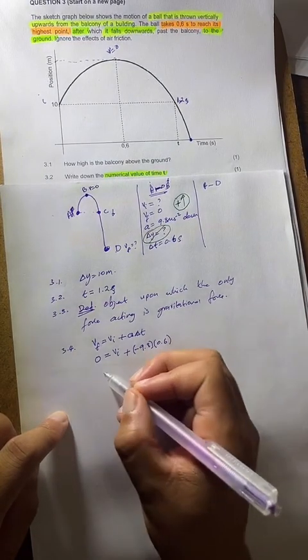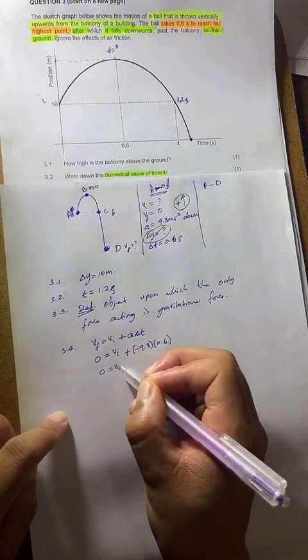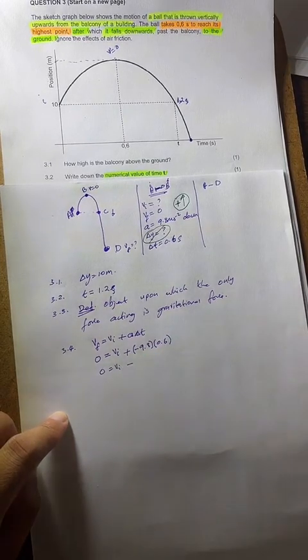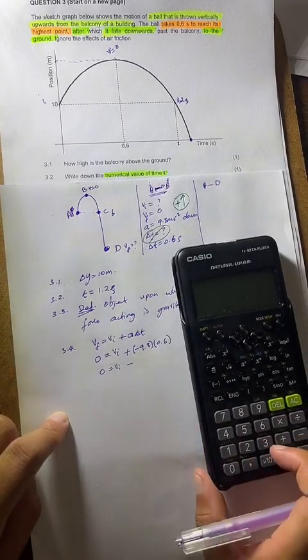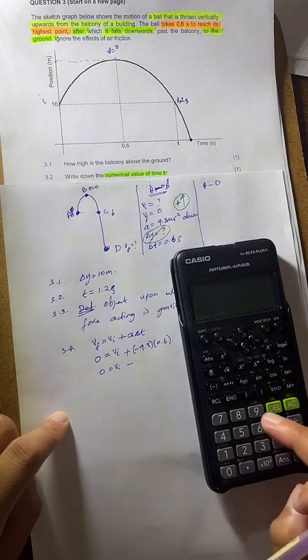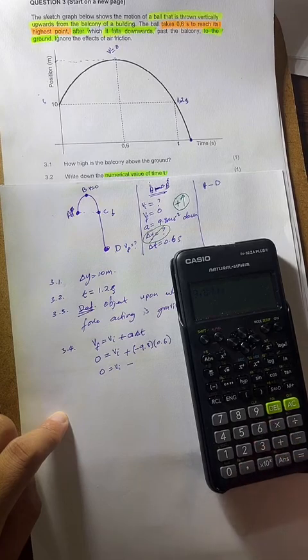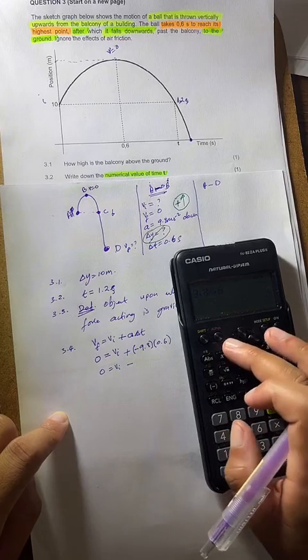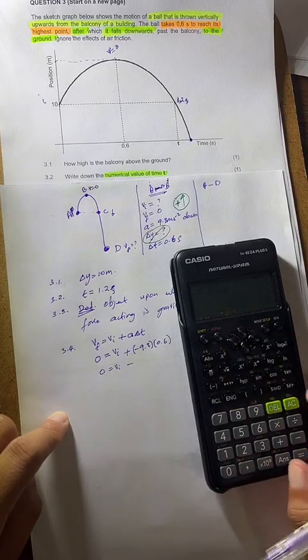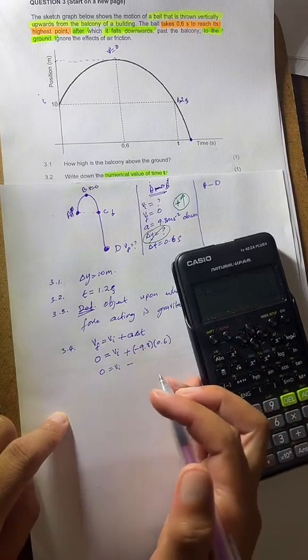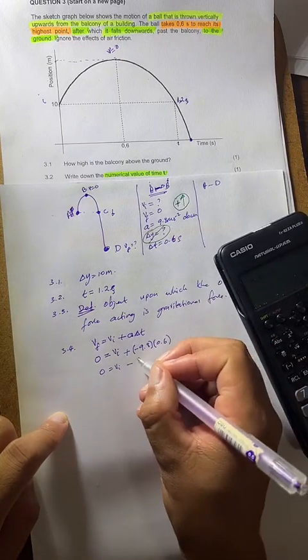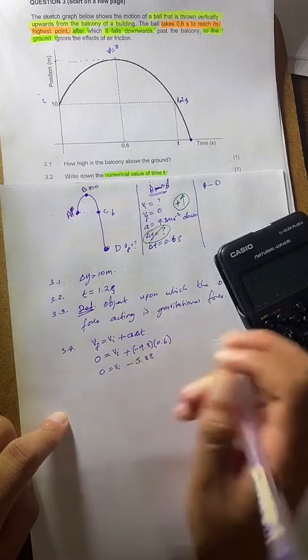Now we have to solve the maths. So this is 0 equals VI minus 9.8 multiplied by 0.6. Take out your calculator: negative 9.8 multiplied by 0.6, you must be getting negative 5.88.